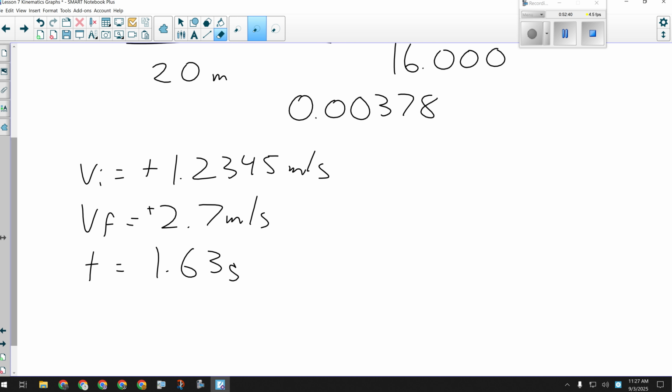Find the acceleration. How many significant digits can my answer have? 2, right? This number here has 1, 2, 3, 4, 5 significant digits. This one has 2. This one has 3. Least accurate is 2. Answer, 2. I can have 2 significant digits in my answer.